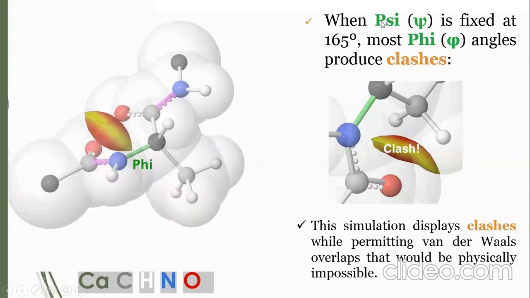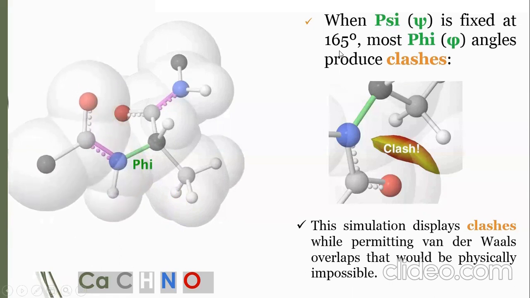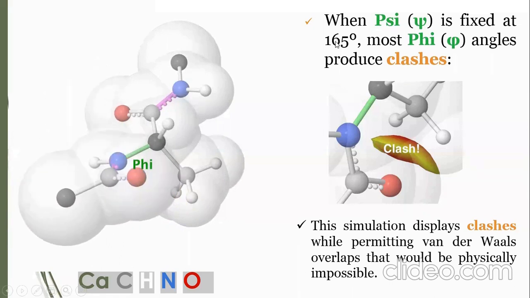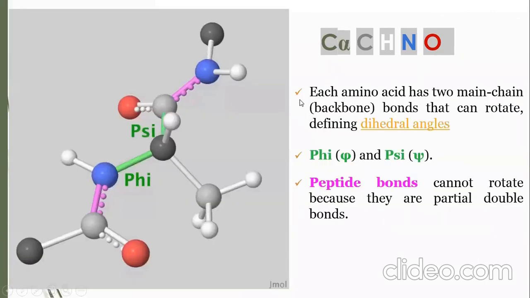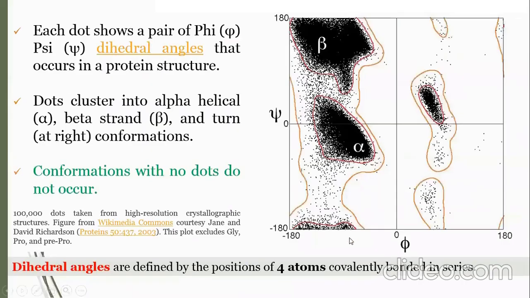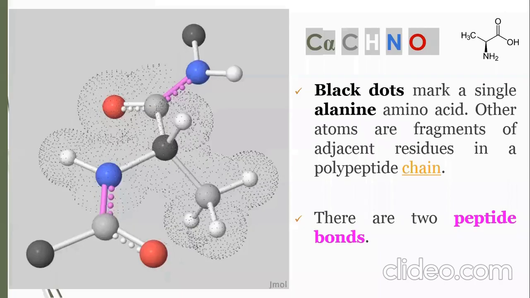So let's see if psi is 165. Let's see in the Ramachandran plot. Psi is 165 here. So what about phi?